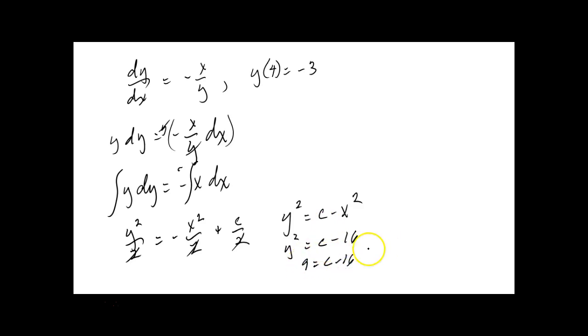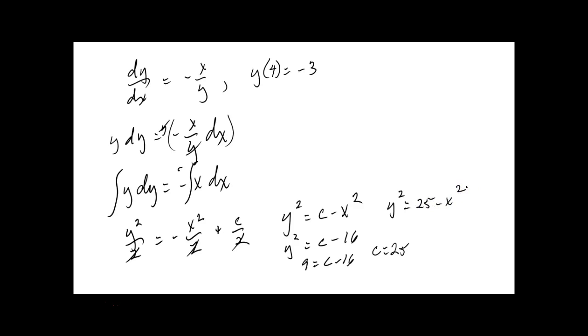And if you add 16 to both sides, you get c is equal to 25. Well, plug that back in here, and you get y squared is equal to 25 minus x squared.